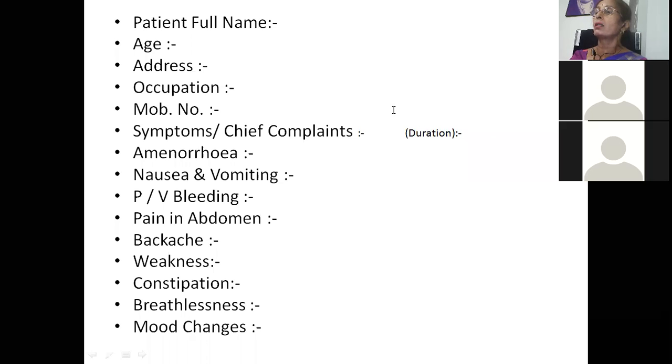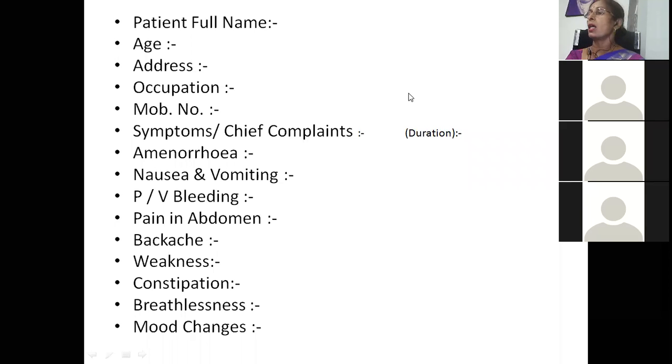And then comes the age of menopause, maybe 40 to 45 years, and then comes the post-menopause. So the age is important because we have to divide before puberty, that is childhood, then puberty, then the reproductive period, then menopause, and then post-menopausal period. Complaints will be related to the age, so we must know the age of the patient.